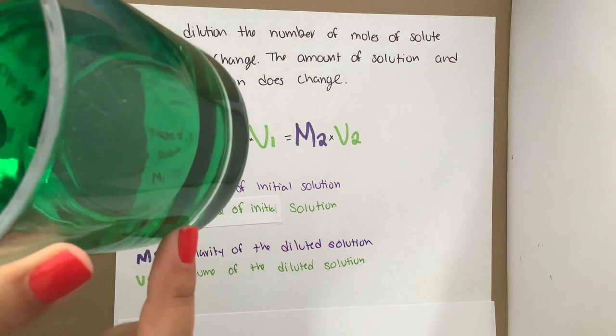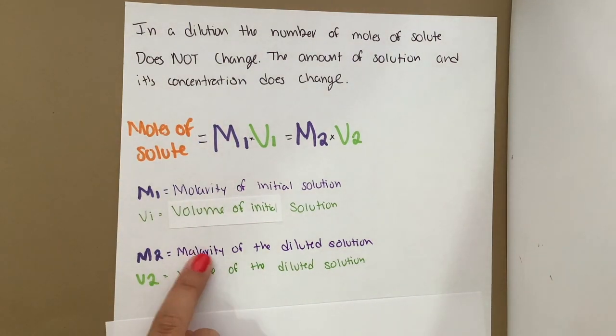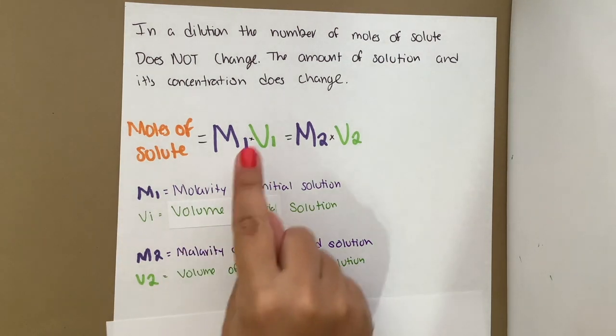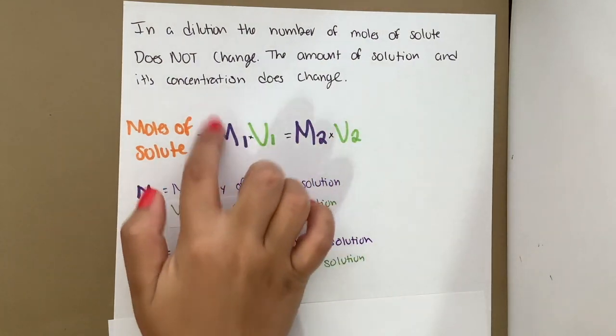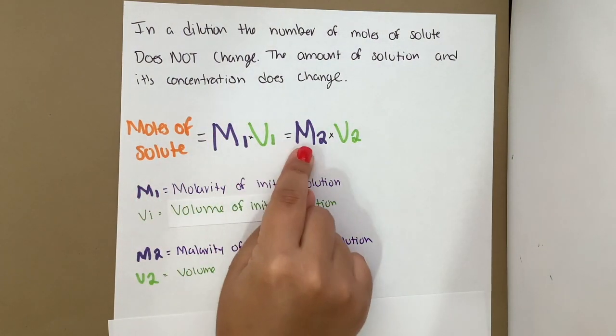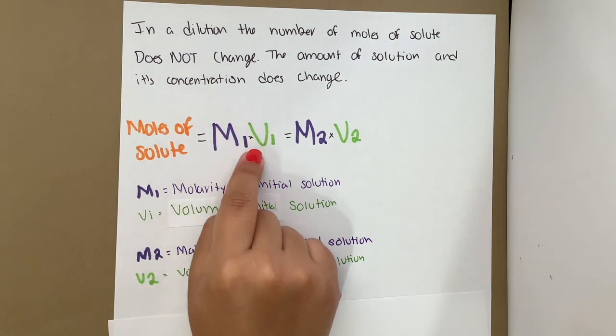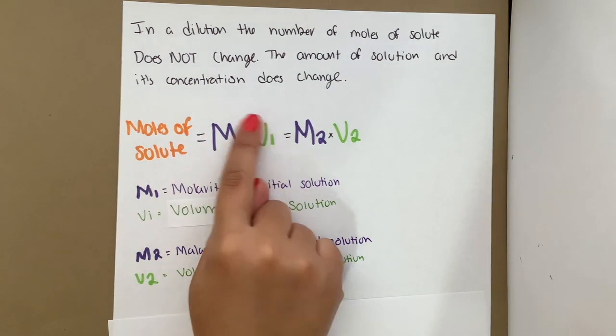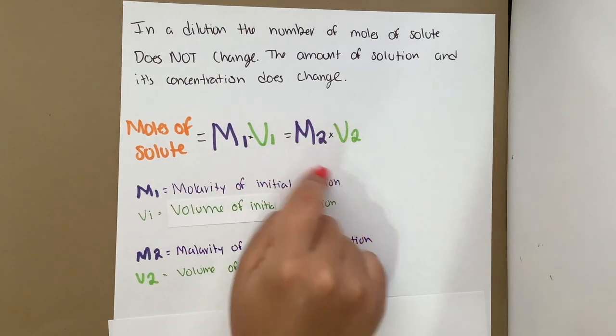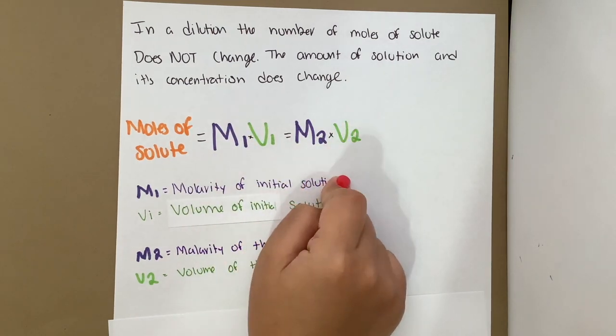I added more water, so my volume increased, and my concentration decreases because I diluted it, so now it's not as concentrated. We're going to use this equation, M1 V1 equals M2 V2, to calculate the molarity or the volume of either my initial solution or my diluted solution.